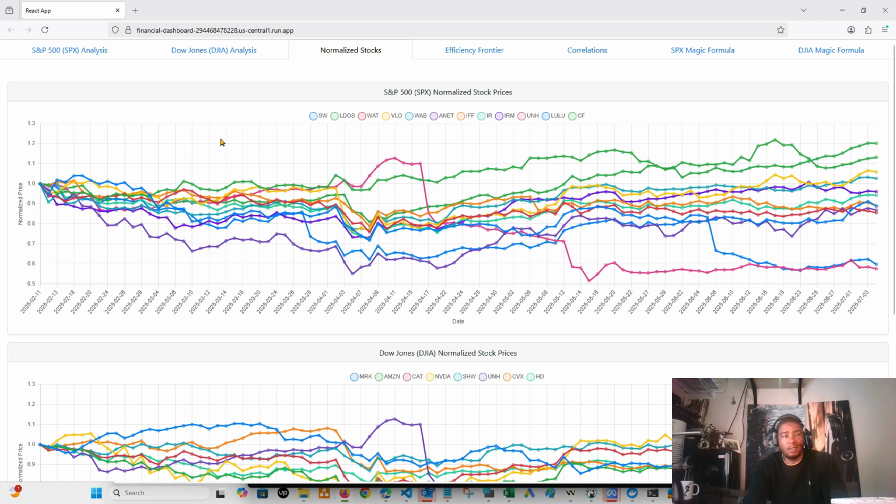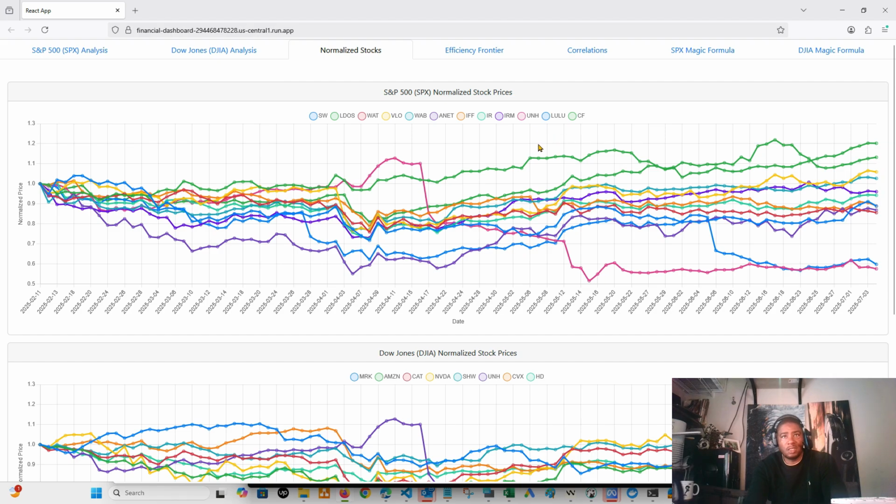The reason the stocks have to be normalized when you compare them is because they have dissimilar prices. So you have to normalize those stocks into one price so that you can compare them to see which ones are rising and which ones are falling.